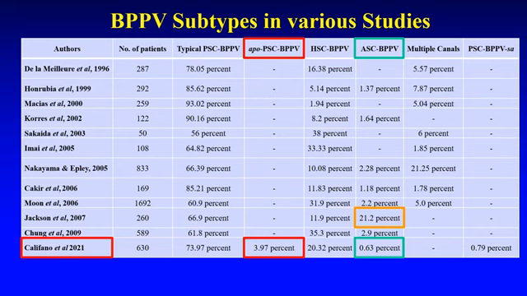A study of 2007 by Jackson shows that 21.2% of the cases in a series had anterior canal BPPV, but the apogeotropic variant of the posterior canal BPPV was not known at the time. So probably many of these cases included the apogeotropic posterior canal BPPV now, which is a well-defined clinical entity.